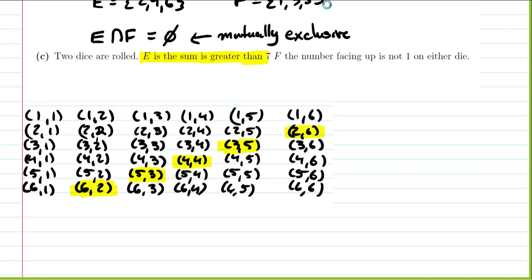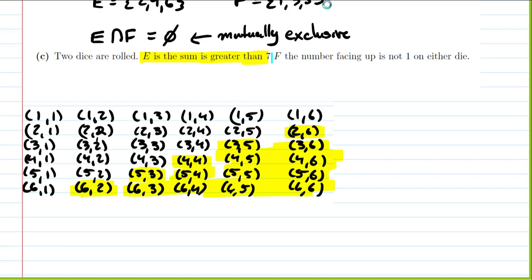So everything over here, if I add any of these numbers, I will get a number bigger than 7. The ones on the diagonal give exactly 7, which I didn't want, and anything above the diagonal would be less than 7, right? So that's my event E.